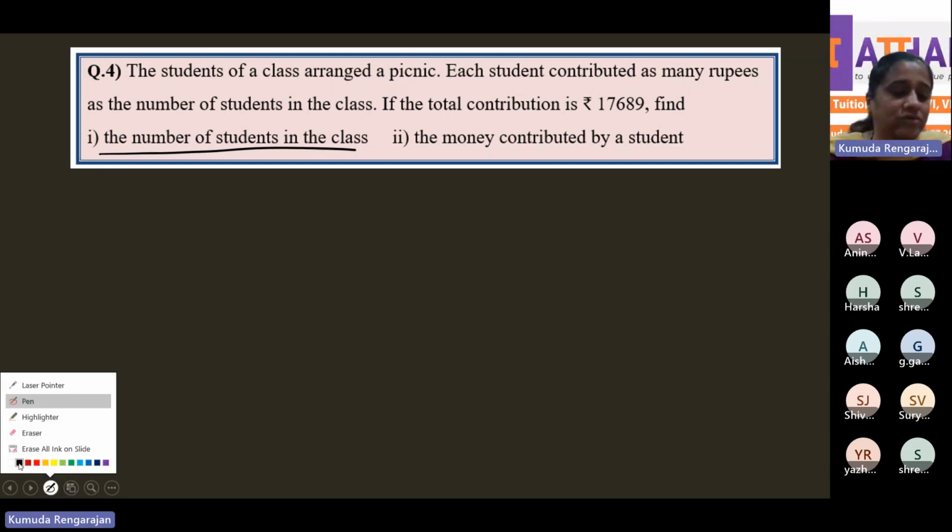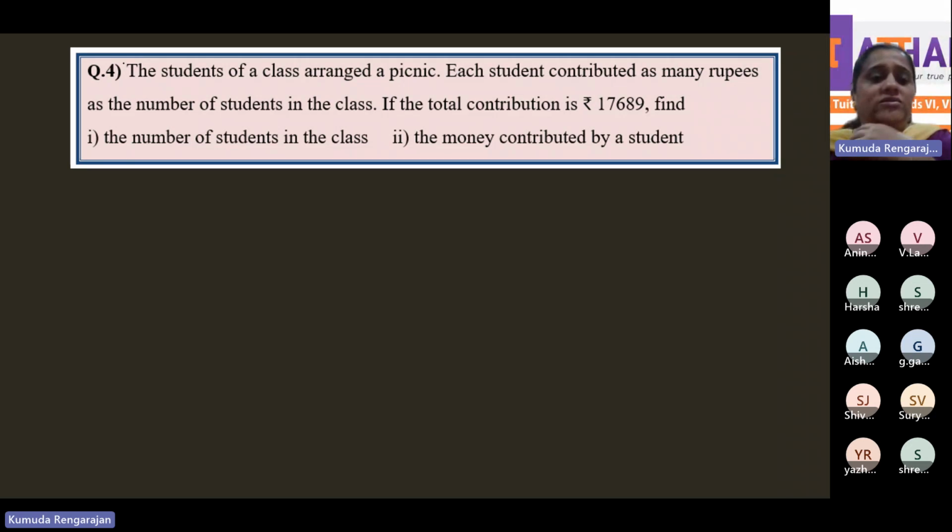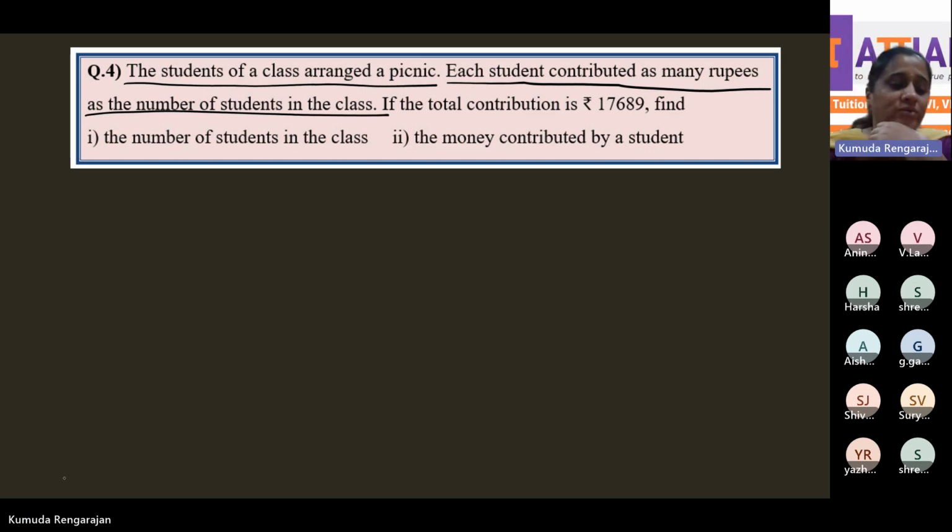So let's understand this question. The students of a class arranged a picnic. Each student contributed as many rupees as the number of students in the class, which means if the total strength of the class is 30, then each student contributes 30 rupees.